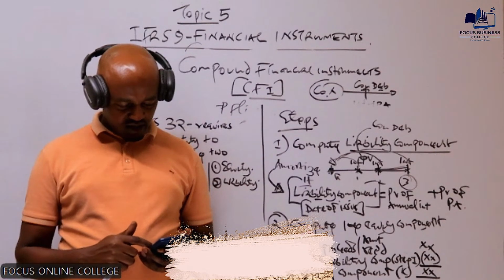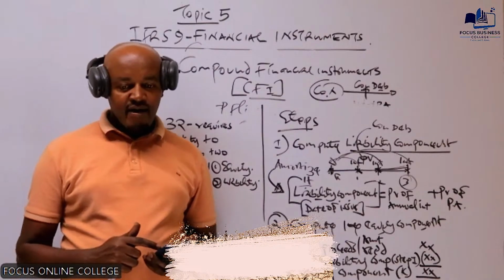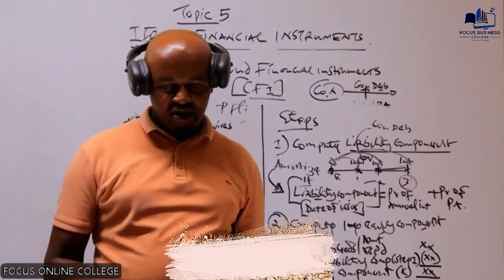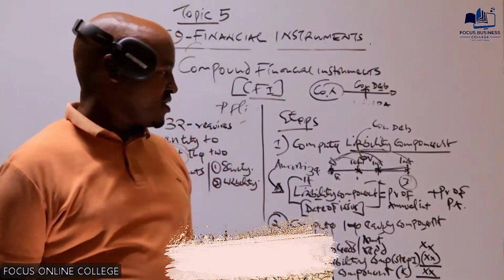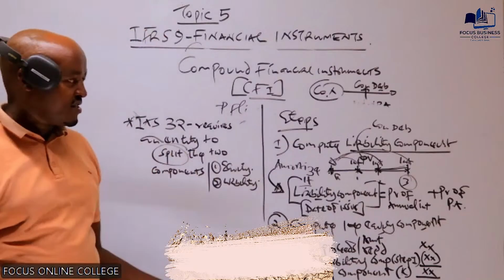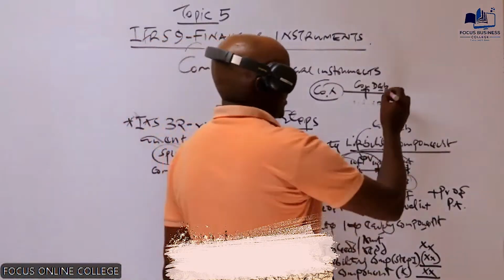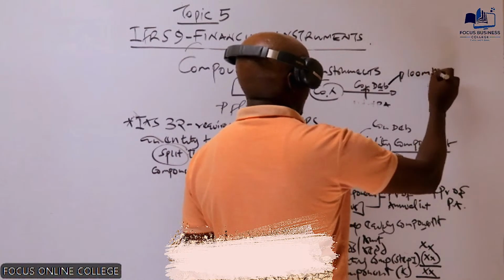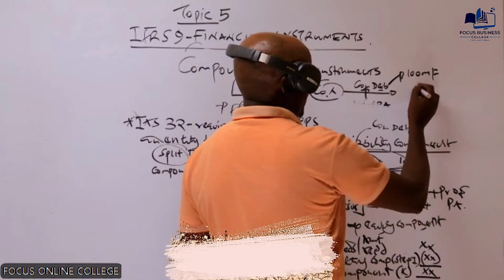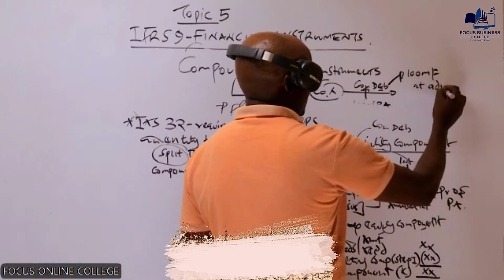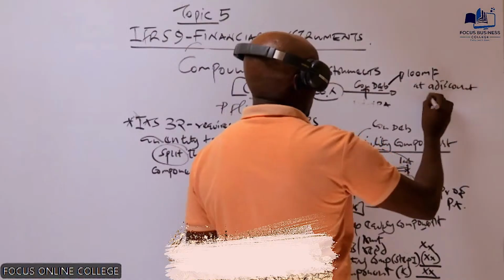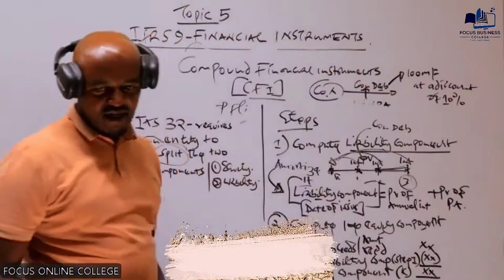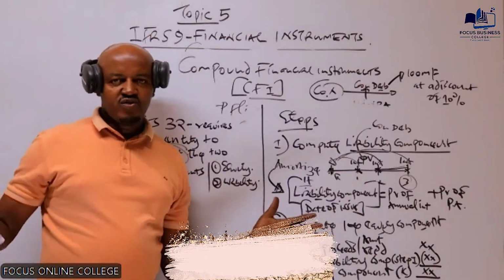So someone is asking here, how do we get the amount received? Total proceeds. You will always be told how the debentures were issued. For example, in this case, you can be told the company issued debentures having a par value of 100 million at a discount of 10%. To compute the amount received is quite simple.